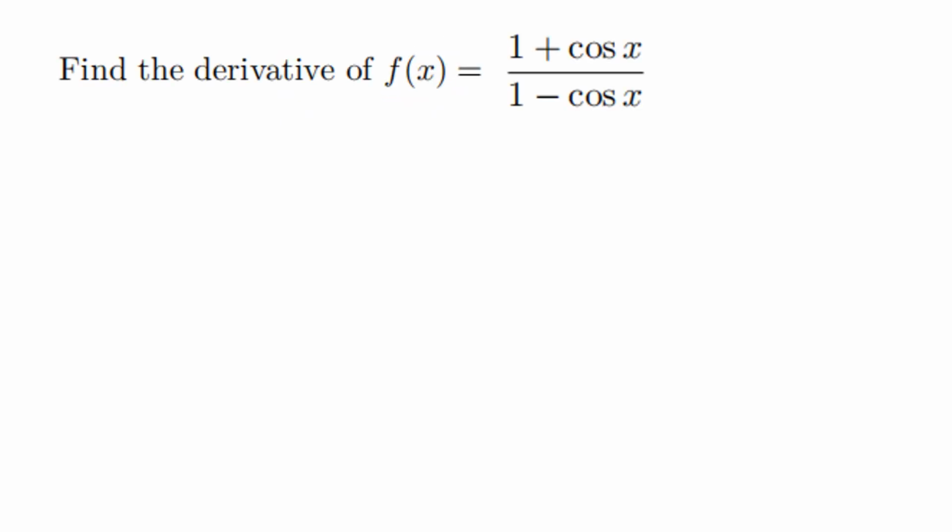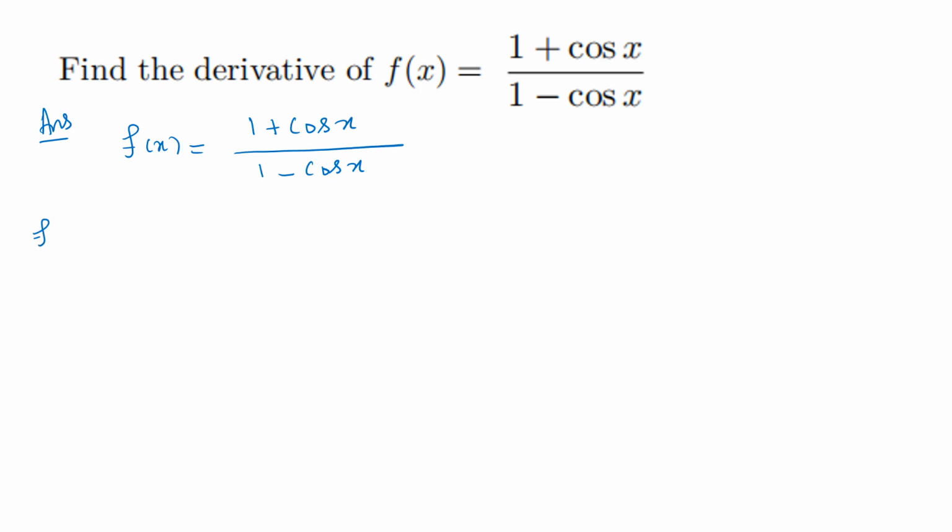Again we have a problem using the quotient rule. Find the derivative of f of x, which is equal to 1 plus cosine x over 1 minus cosine x. So what is f of x? Equal to 1 plus cosine x over 1 minus cosine x.